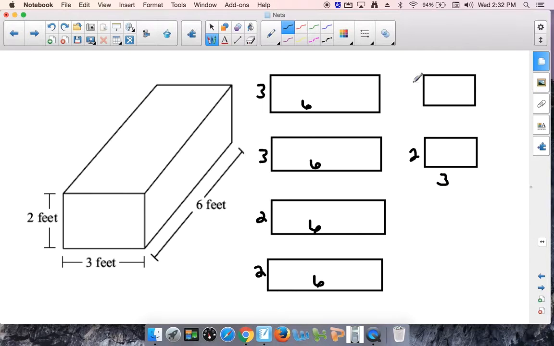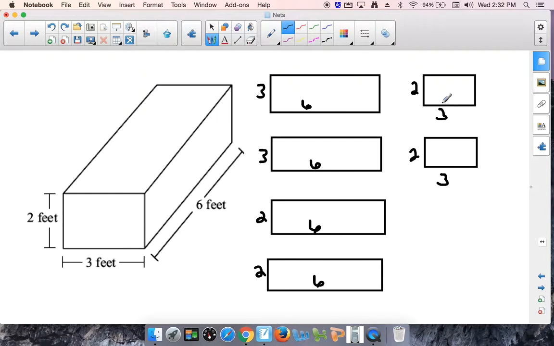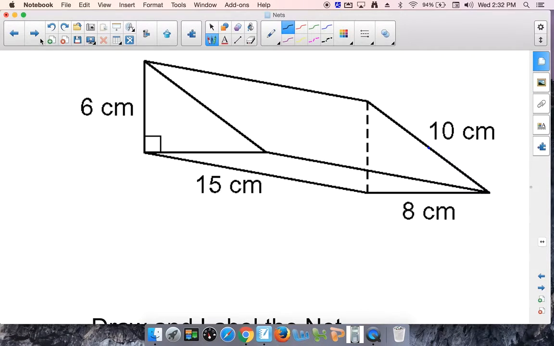So your job today is to draw out each net. If you can make it connected, great. If you can't, just draw out each of the pieces and then make sure each will be labeled with their dimensions. So you're going to try this one. Stop the video now, try it, and then come back and see if you were correct.